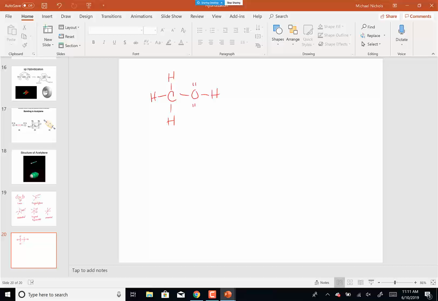For carbon-carbon bonds and carbon-hydrogen bonds, that all fits nicely into what I just laid out.